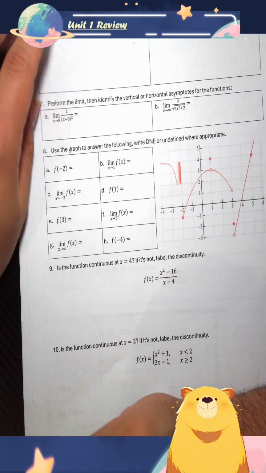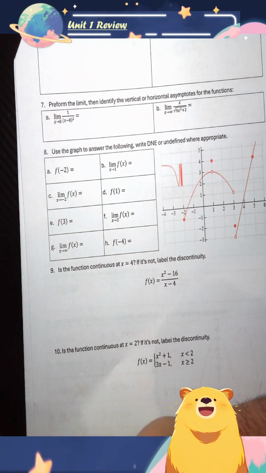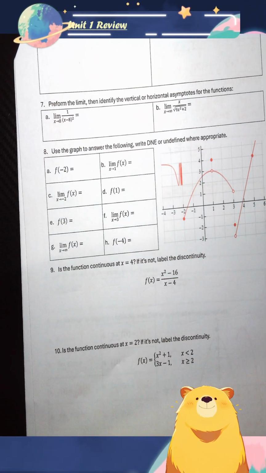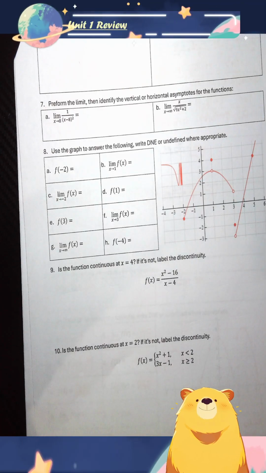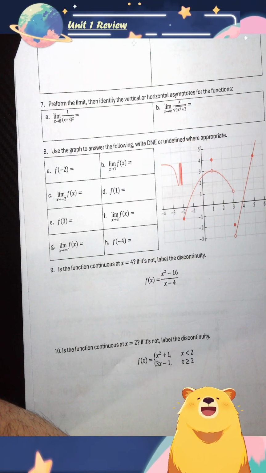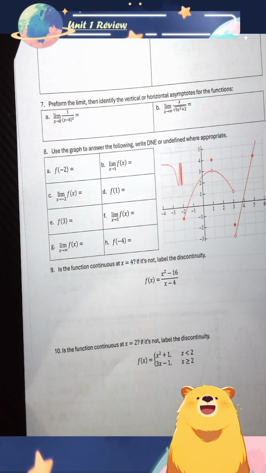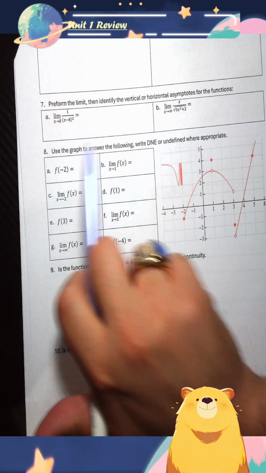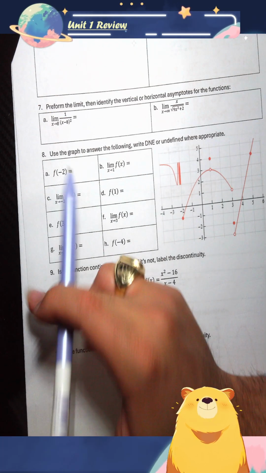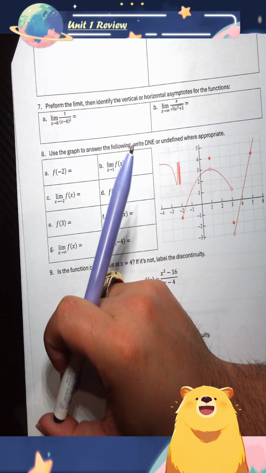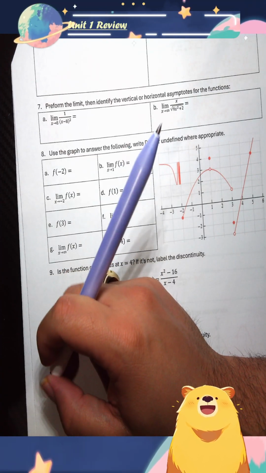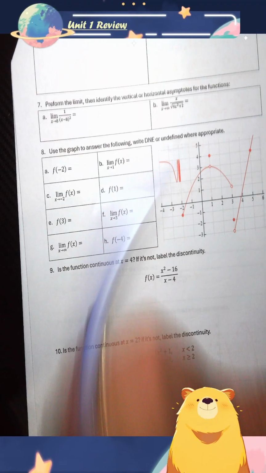Okay. 7's different. Perform the limit, then identify the vertical or horizontal asymptotes for the function. Remember, and I haven't finished writing the test yet, but do remember that if I ask you the horizontal asymptote question, you don't have to check both sides, but I prefer to write it like this: perform the limit and then identify if there's a horizontal or vertical asymptote, if any.